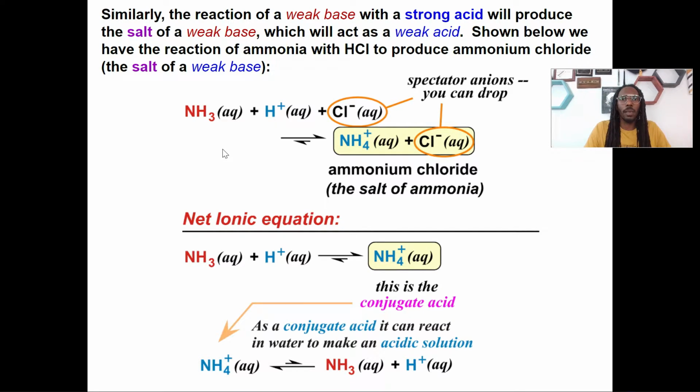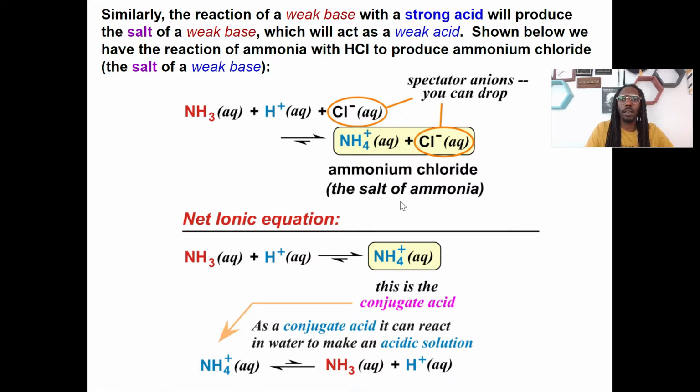Let's say we have ammonia, NH3, reacting with a strong acid, in this case hydrochloric acid, HCl. We're going to produce the salt of that weak base, which is just ammonium chloride, NH4+ and our chloride.